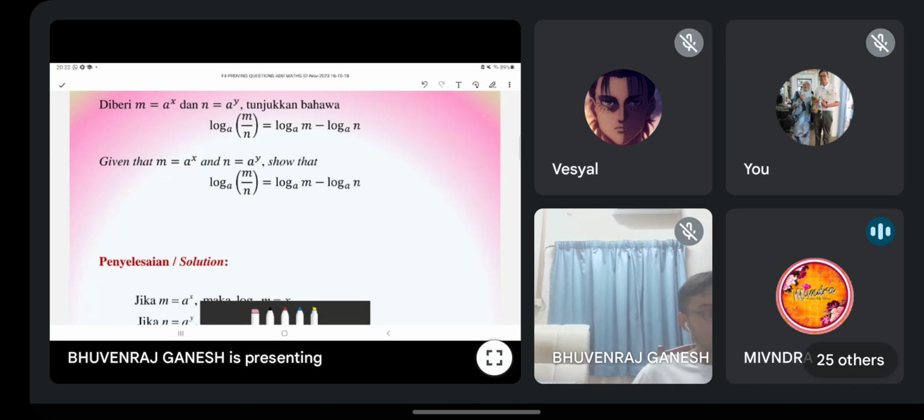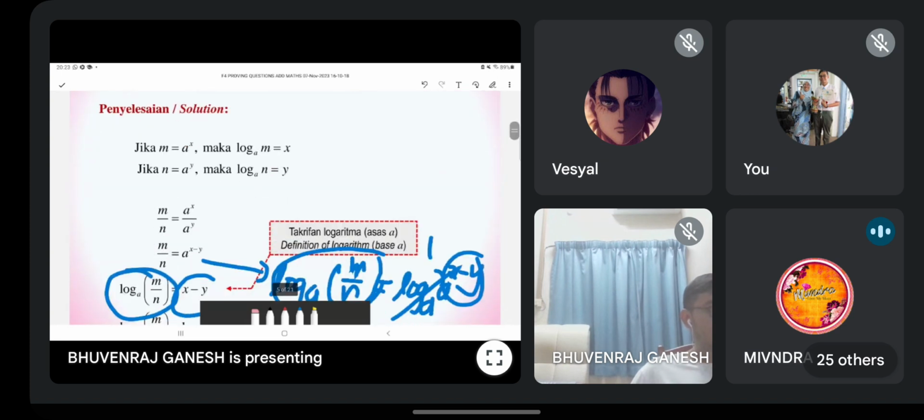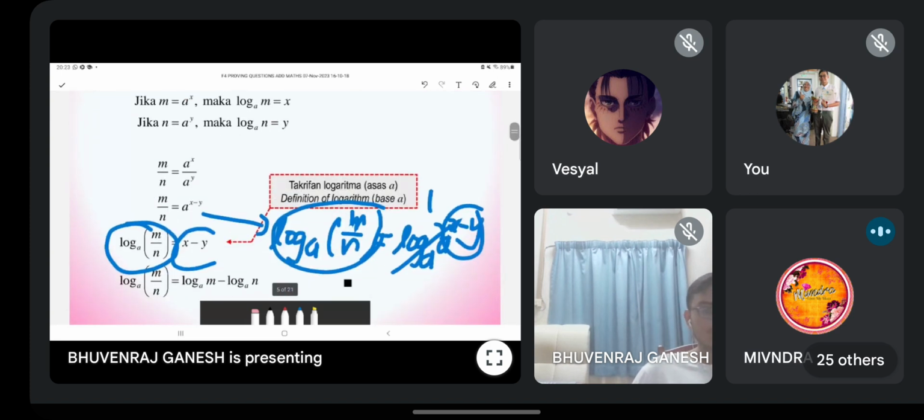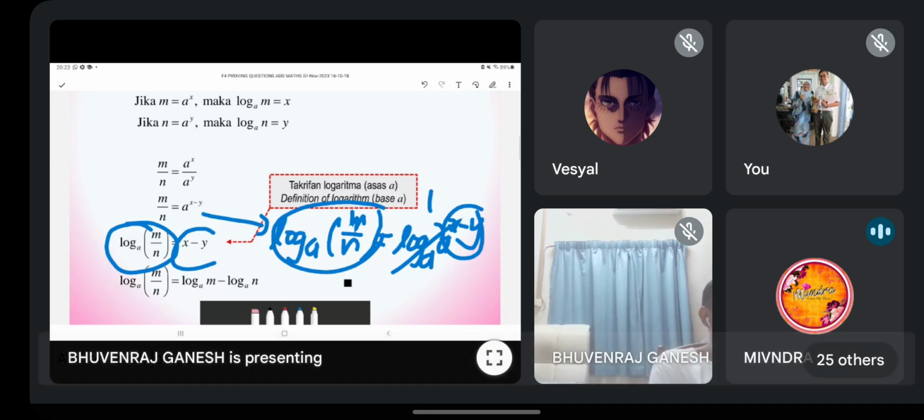So kita ax bahagi ay tu kita tolak guna operasi tolak, a kuasa x tolak y. Lepas tu sama dengan m per n. Lepas tu jadikan dalam logaritma form. So log a m per n sama dengan x tolak y. X tolak y, x tu kita dah dapat tadi, log a m tu sama dengan x. Jom masukkan nilai lah, log a m minus log a n.